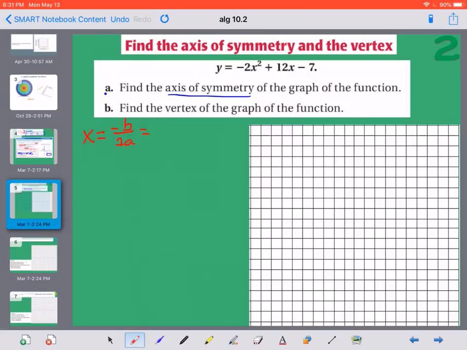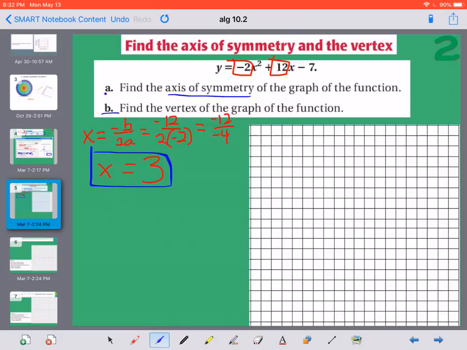Now in this case, my b is 12, so I'll have a negative 12 divided by 2 times the a, which is a negative 2. This would be negative 12 divided by negative 4. So in this case, x is going to equal 3. So I've just figured out that my axis of symmetry is going to be at x equals 3.